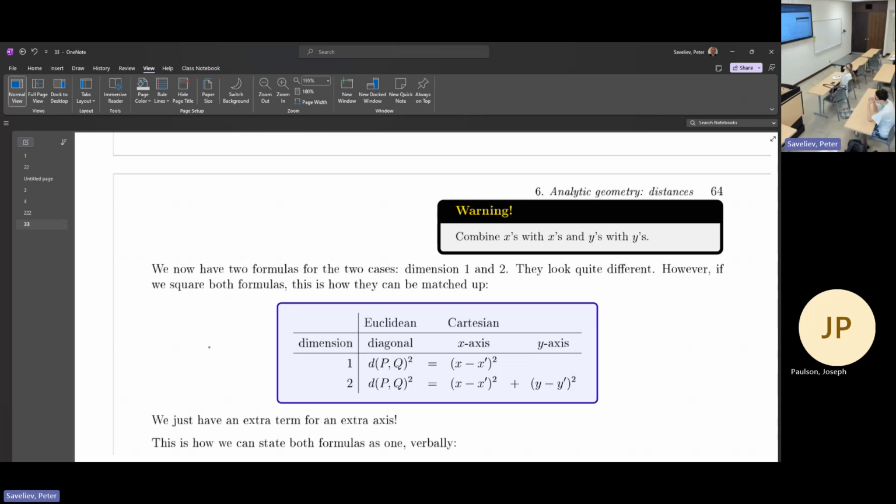So what's the next line? Well, if you look at the first column, which says dimension, this is 1, then it is 2. What's next? 3. Okay, so what about the other one? What's on the right?